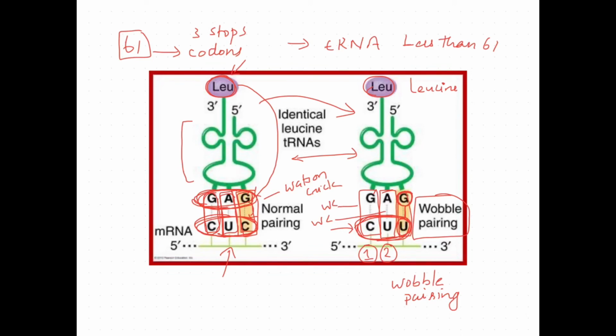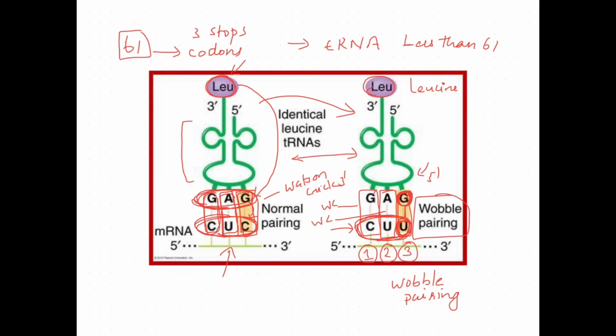Wobbling occurs because the conformation of the tRNA anticodon allows flexibility at the first base of the anticodon. You can say this is the first base of the anticodon or the third base of the codon. We say always from 5' to 3'.